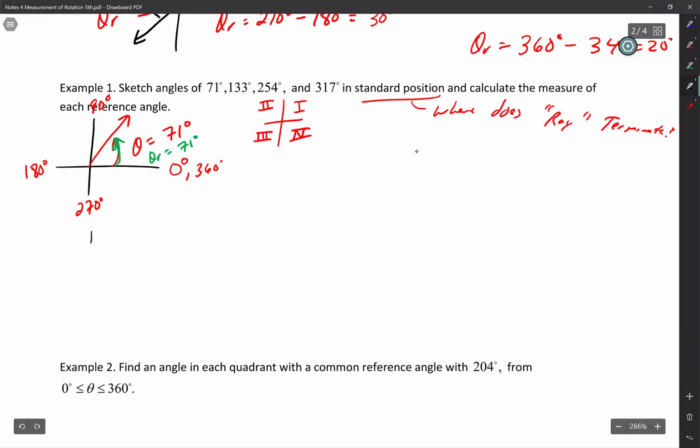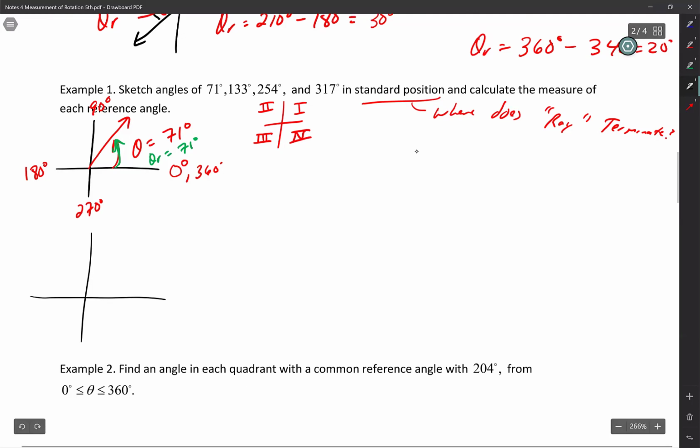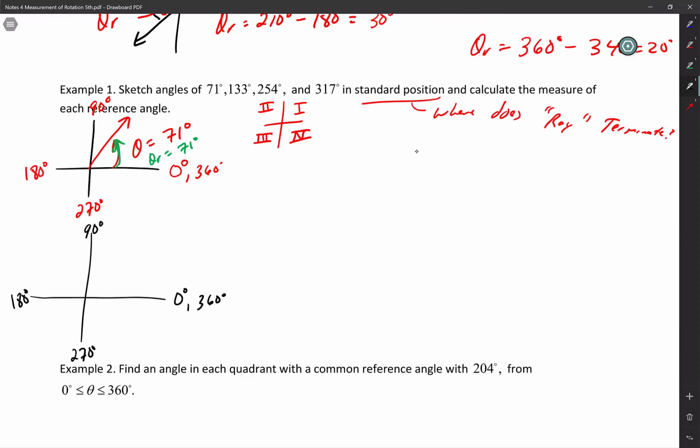Guys, you guys okay over there? Yes. All right, I'm gonna label because we don't want anyone to get scared. 0 degrees, 90 degrees, 180 degrees, 270 degrees, comma, 360 degrees. There it is, I did my full revolution. 133, what quadrant is that gonna be at? Quadrant 2.